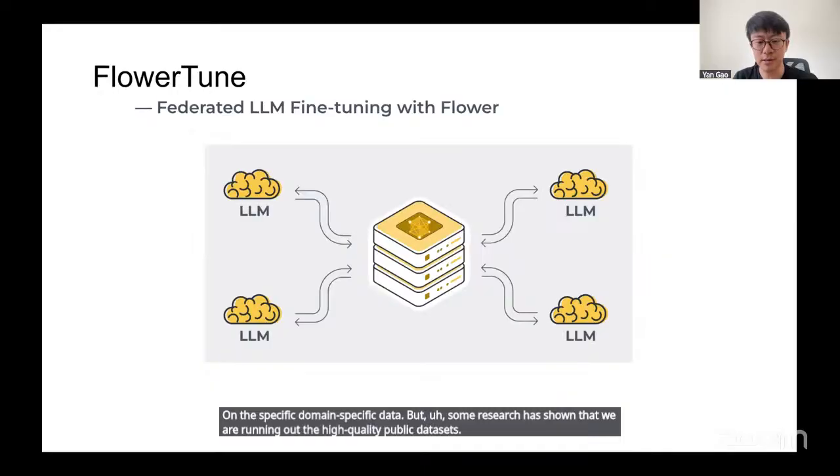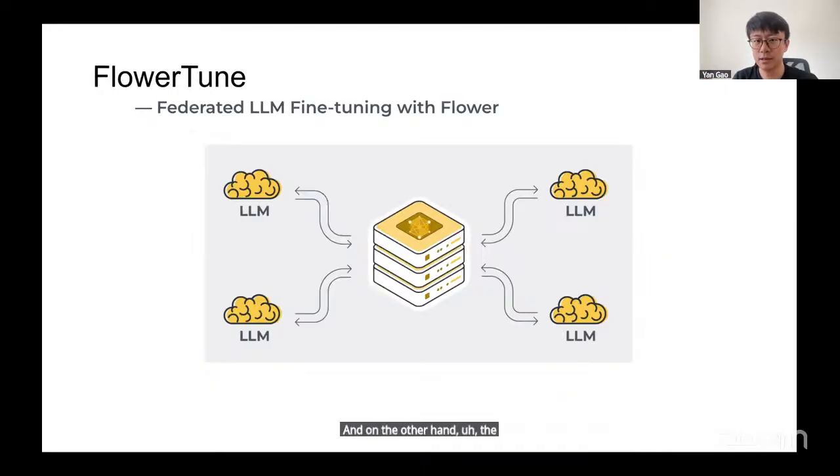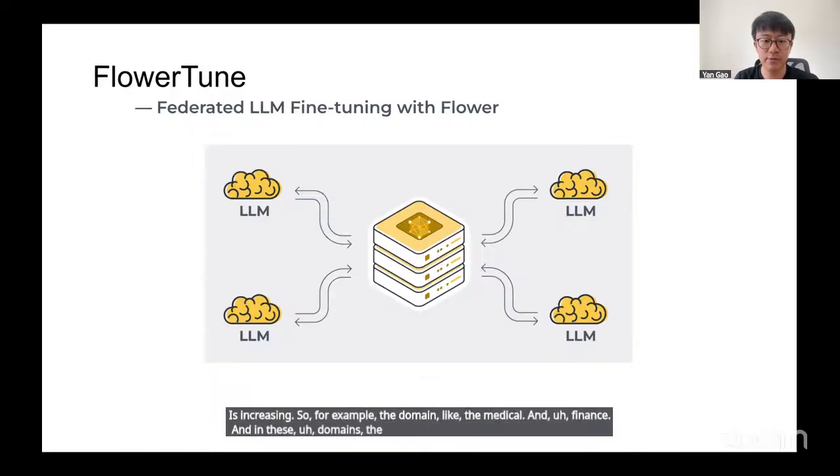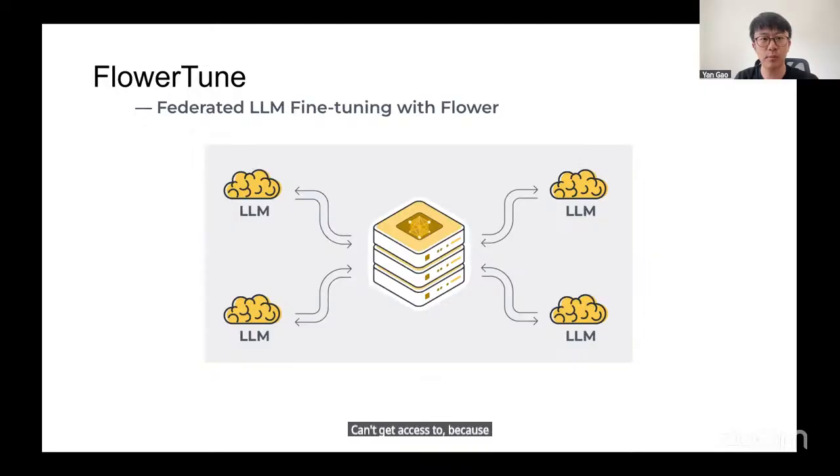On the other hand, the demand for specialized LLMs is increasing, for example in domains like medical and finance. In these domains, the data can't be accessed because it's under privacy protection regulation.